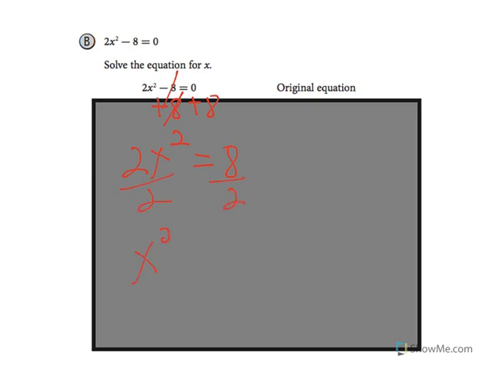So we have x squared equal to 8 divided by 2, which reduces to 4. So we have x squared equal to 4. We take the square root on both sides, and whenever we do the square root, it's always plus or minus. So this reduces to x equal to plus or minus 2.